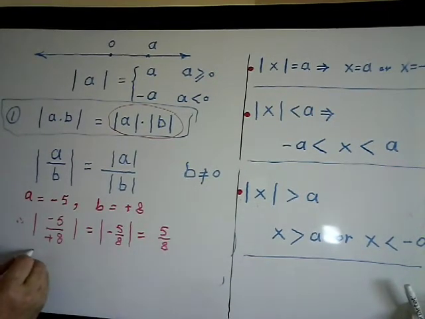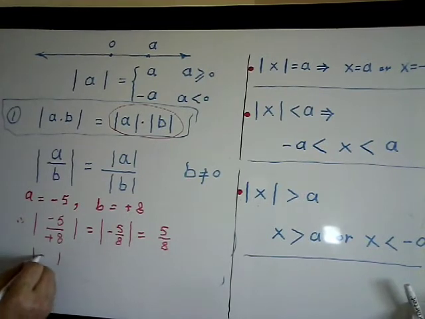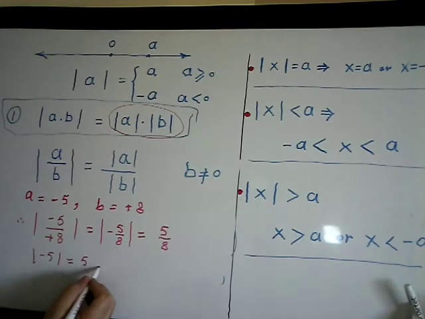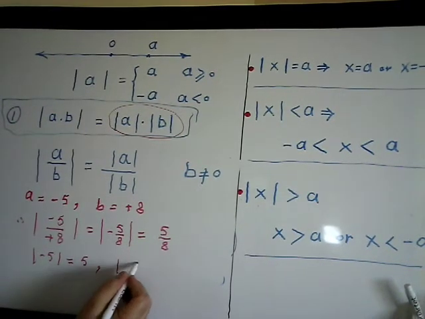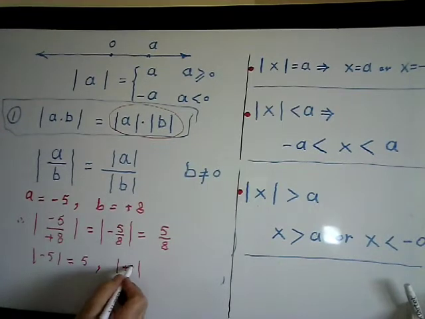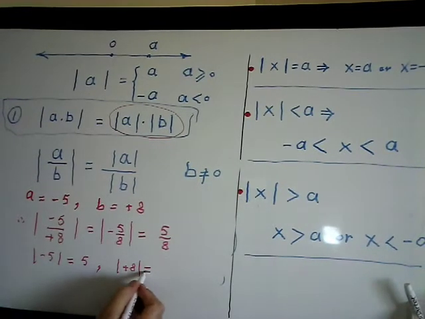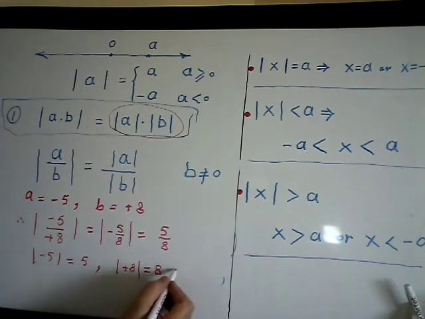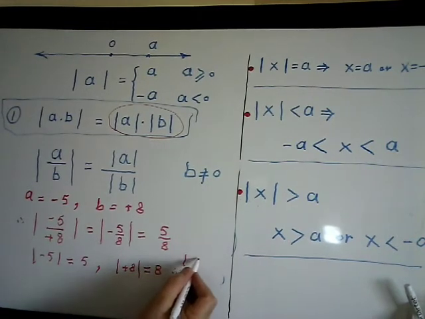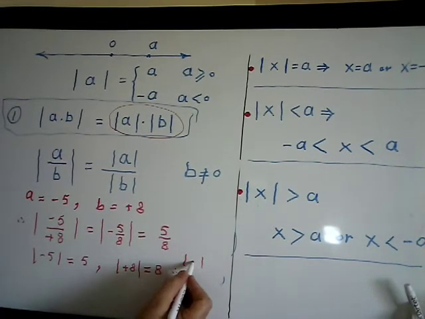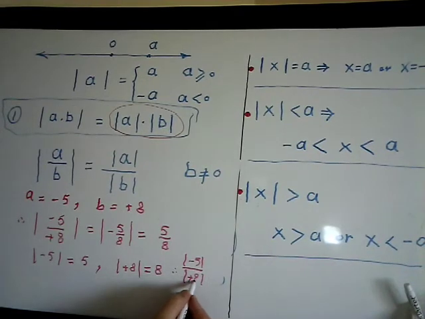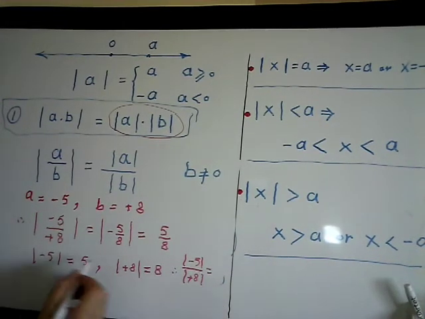Same for the absolute value of negative 5, it will be 5. And the absolute value for positive 8, it will be 8. So when we divide these two together, the absolute value of negative 5 over the absolute value of positive 8 is equal to 5 over 8.